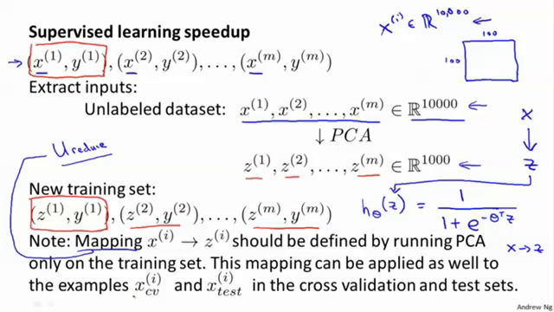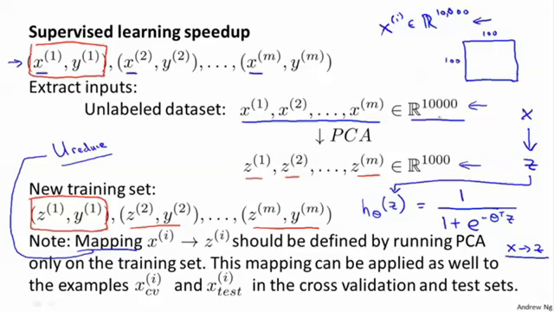So just to summarize, when you're running PCA, run it only on the training set portion of your data, not the cross-validation set or the test set portion, and that defines the mapping from X to Z, and you can then apply that mapping to your cross-validation set and your test set.